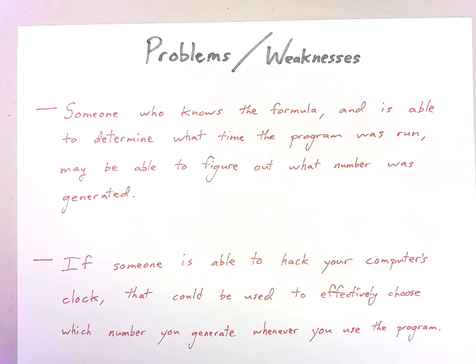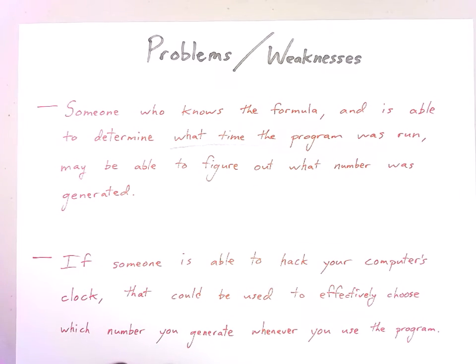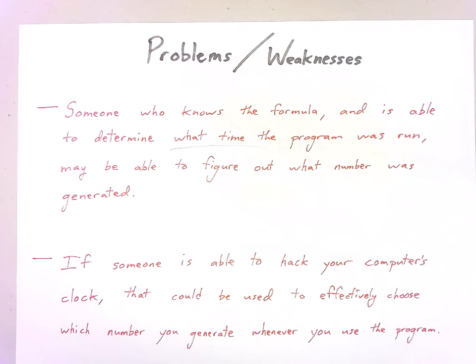And the problem that I could think of with this method is, first of all, if you know what time it was on the clock when someone generated the number, then you can find out exactly what the number was. You have to know exactly what the time was, but even if you know close, you can narrow it down to a certain set of numbers.